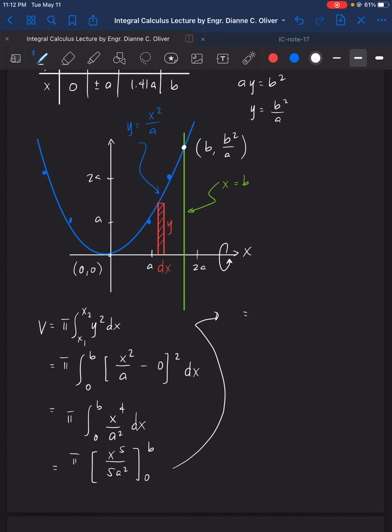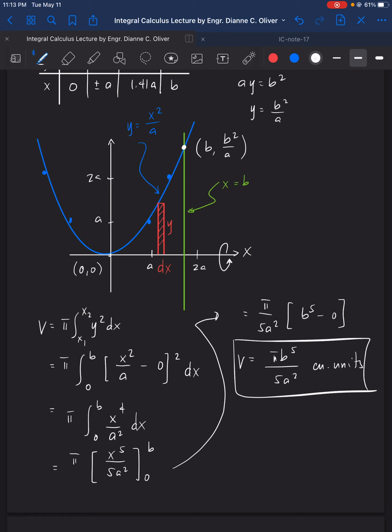So that is equal to, let's remove the constant, pi over 5a squared. Then we have the upper limit first, substitute to the variable x. So b raised to 5 minus 0. Therefore, volume now is equal to pi b raised to 5 all over 5a squared cubic units.